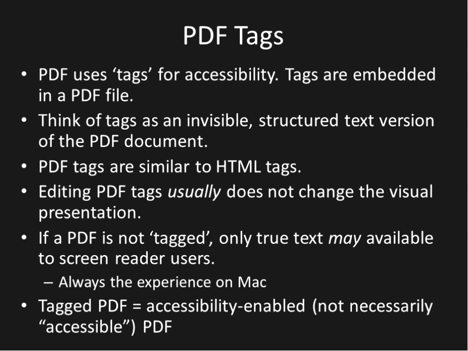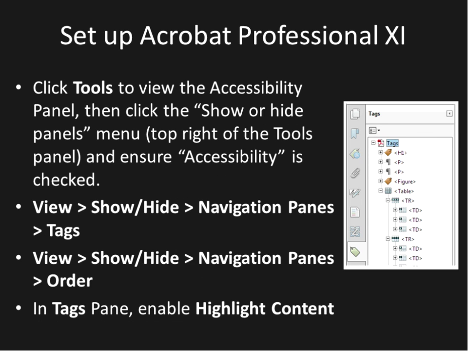With a tagged PDF document, you will generally need to go through a process to ensure that the tags are correct, that the accessibility information they contain is accurate, and that it is representative of the visual content of that PDF document.